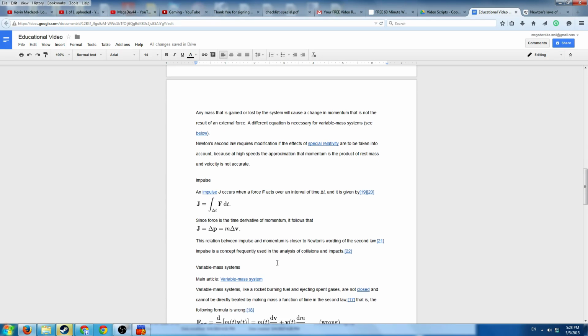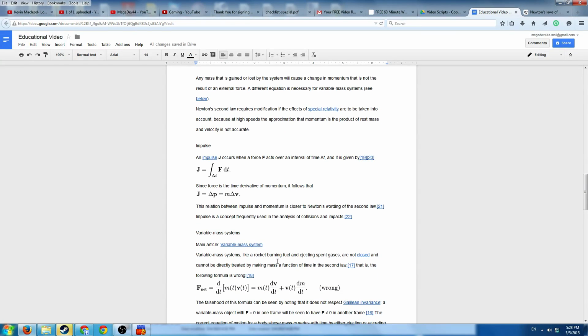Variable mass systems. Variable mass systems, like a rocket burning fuel and ejecting spent gases, are not closed and cannot be directly treated by making mass a function of time in the second law.